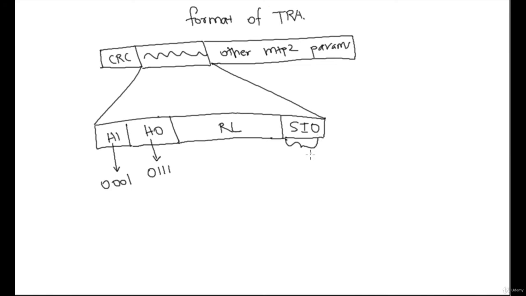The service information identifies the user part, but here it is don't care. The routing label is standard, containing the OPC, DPC, and the link set information. That's the standard part of an MTP3 layer message that we have seen in other messages also. So H1 and H0 are the main information identifying the TRA message. That's all about it.